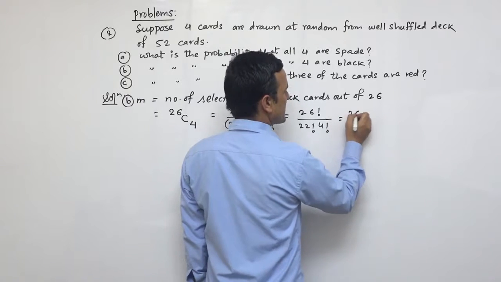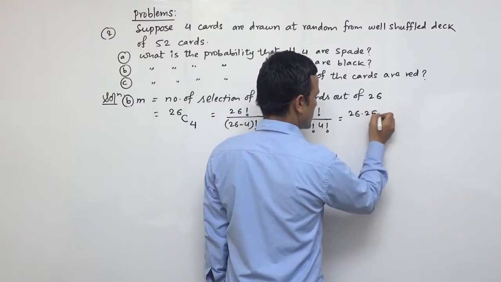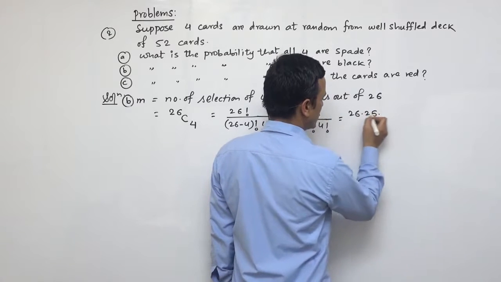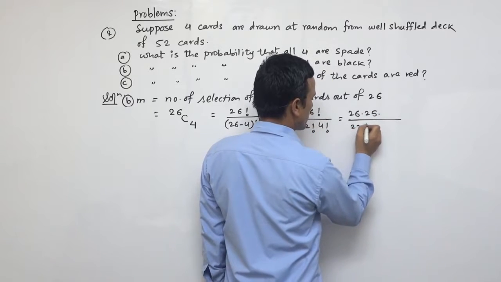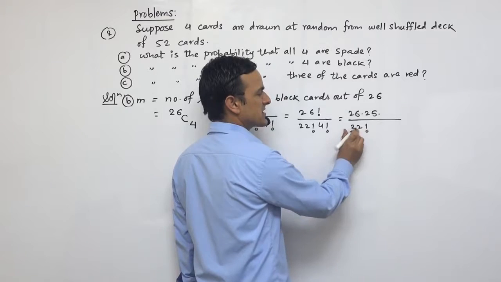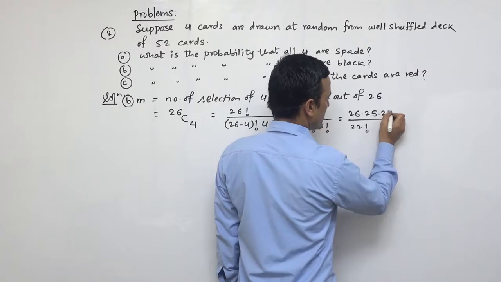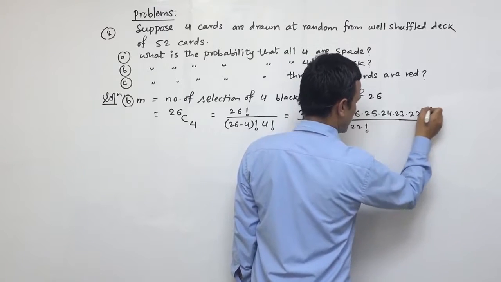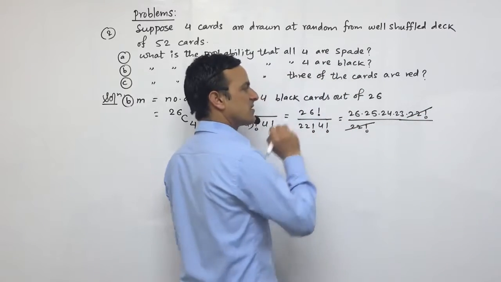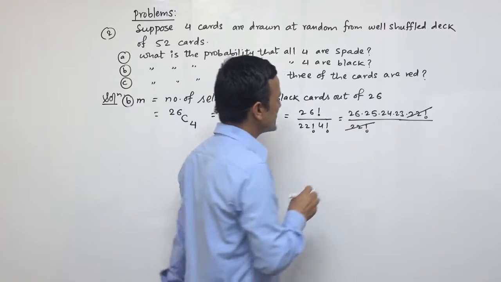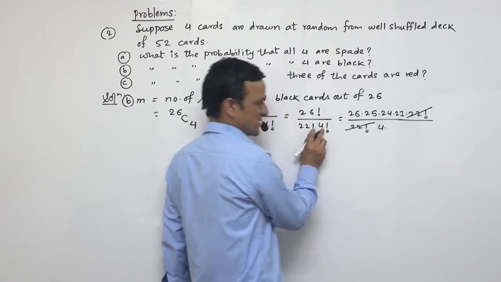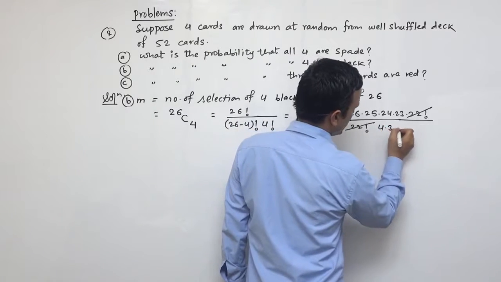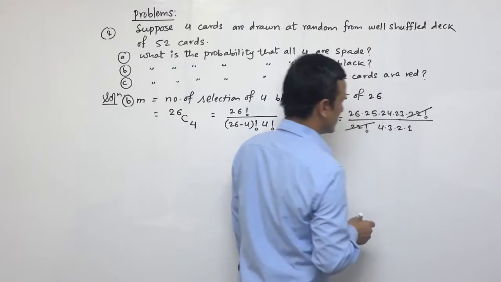Now we can solve it like this: 26, 25, घटाउँदै लानुस् भ्यालु यहाँ कति घटाउनु पर्यो 22 factorial नआइन्जेलसम्म यसलाई घटाउँदै लाने 24 23 22 factorial. So this factorial and this factorial cut down, we can cancel it, and 4 factorial means 4 into 3 into 2 into 1.